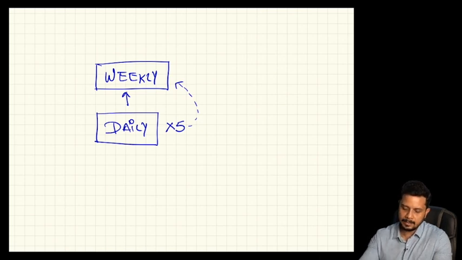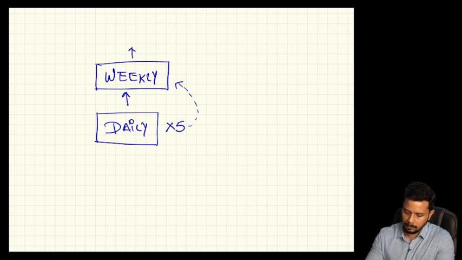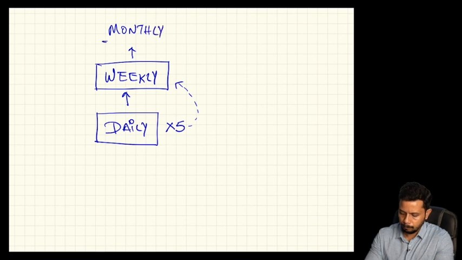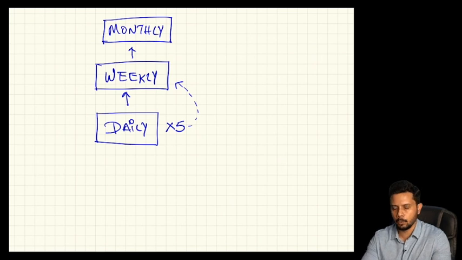Let's extend this discussion further, and I ask you what's the next higher time frame above the weekly? Yes, it's monthly. And I ask you the same question, how many weeks will make up this month for you? Then you'll say around 4 and a little above 4 at times.